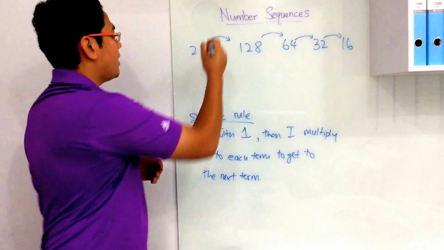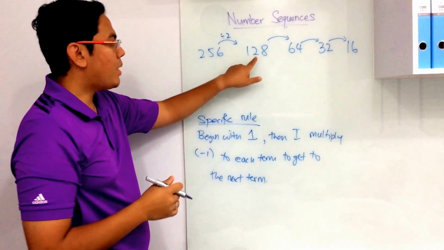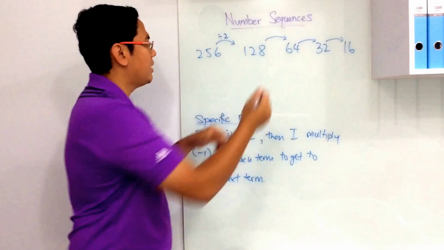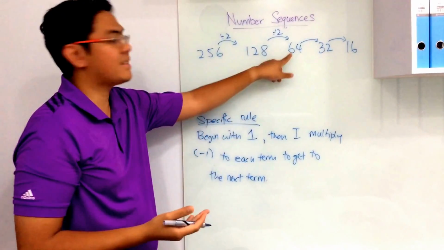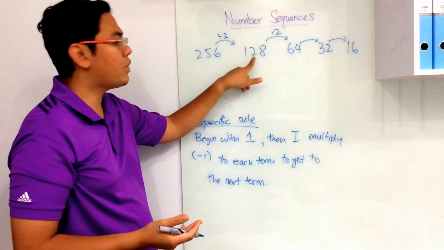So let's try dividing by 2. Do I get 64 from 128 if I divide by 2? Let's check with a scientific calculator. Yes, I do get 64.